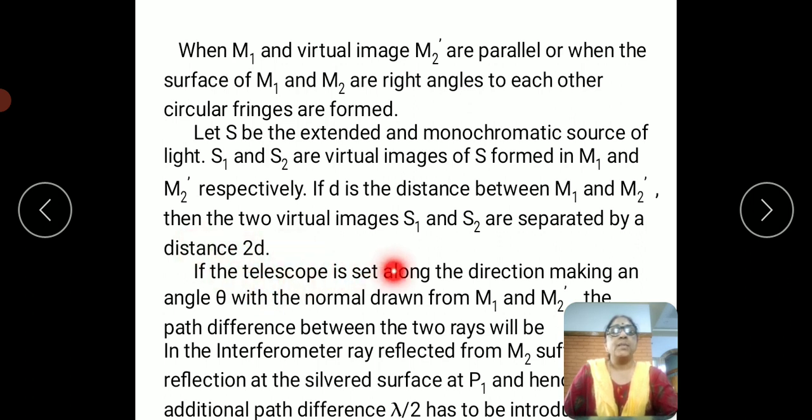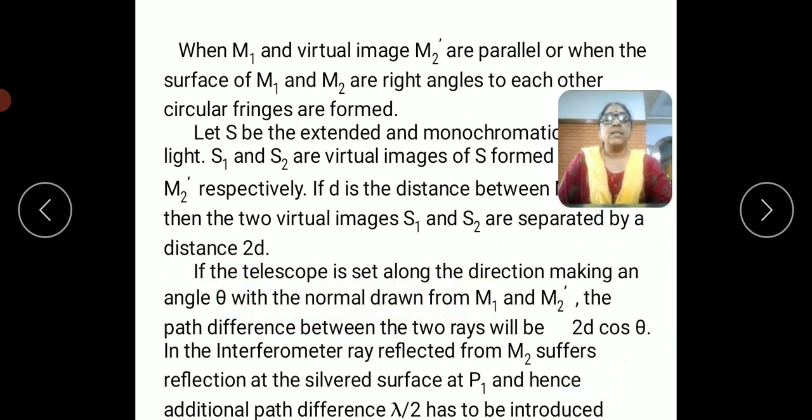If the telescope is set along the direction making an angle theta with a normal drawn from M1 and M2 dash, then the path difference is not only 2d but 2d cos theta.